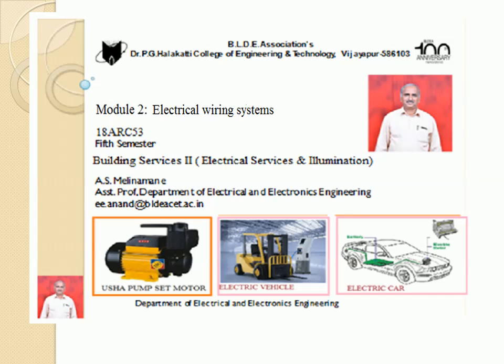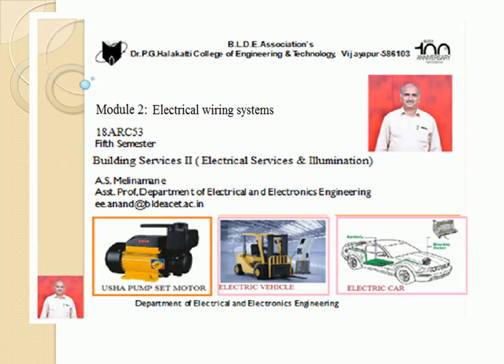Good evening, students. Already we know that the electrical wiring system is used to distribute electrical energy for various purposes. It may be in industry, agriculture, transportation, or residential purposes.